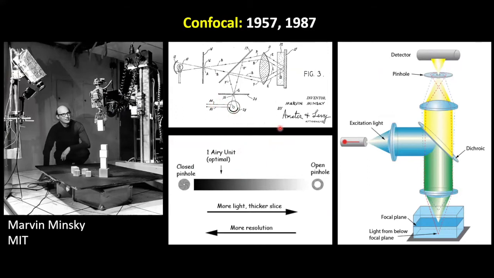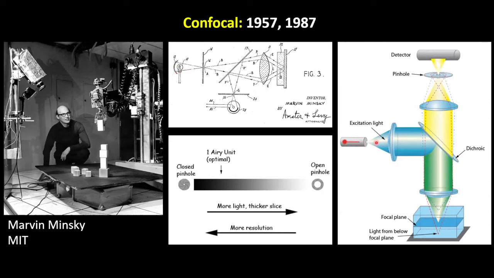He patented it, and this is the original patent drawing, which is very similar to the current design, like the one shown on the right. Back then there was no laser, because the first laser was invented in the 1960s. From the drawing, I believe he used a very powerful mercury lamp, but right now it's using lasers.